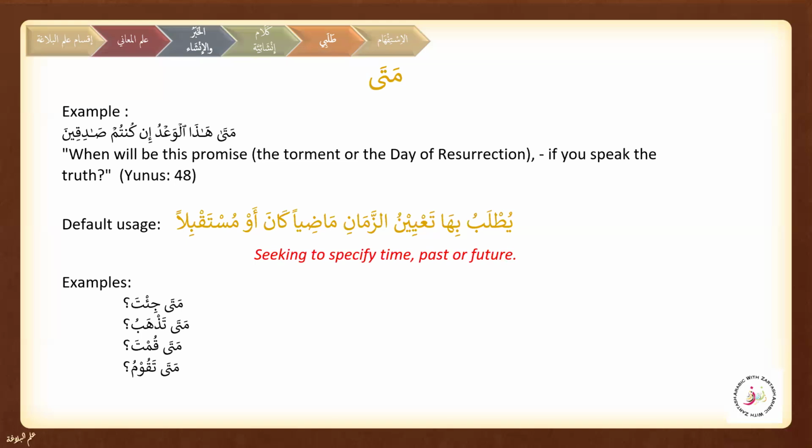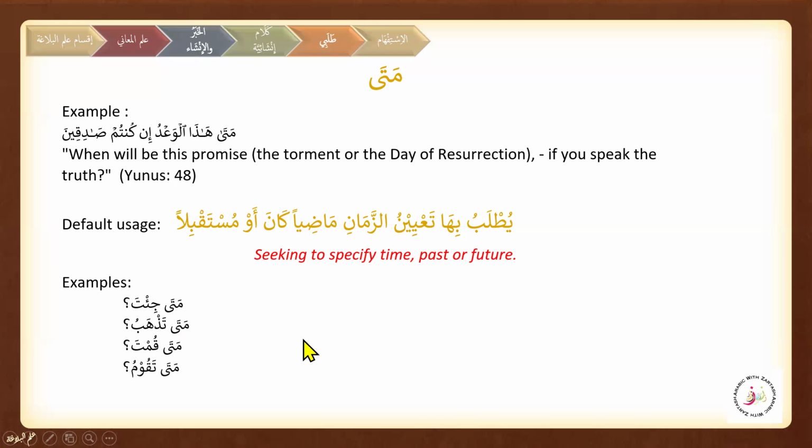So here you can see the example mata ji'ta, it is past, when did you come? So it is about seeking the specific time of the past. Then we have the example mata tadhhabu, that's future, when are you going? And then mata kunta, that is again past, when did you stand? Here you know that ta is the alamah of fi'l mudari', and these are all past tenses.